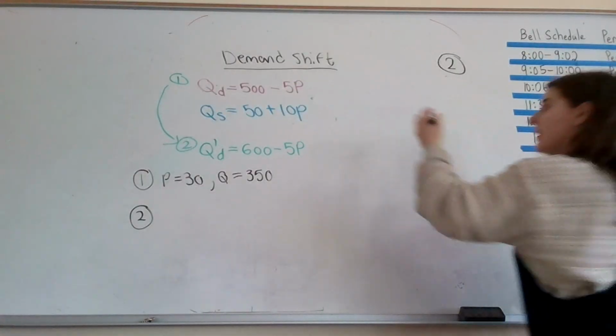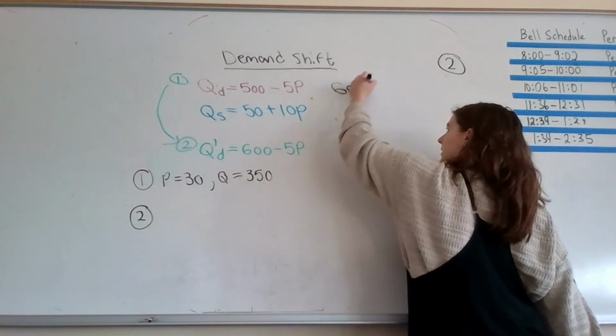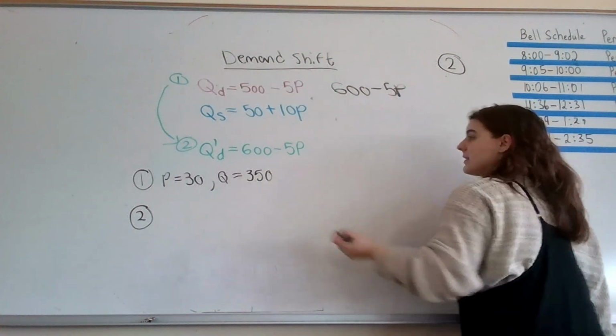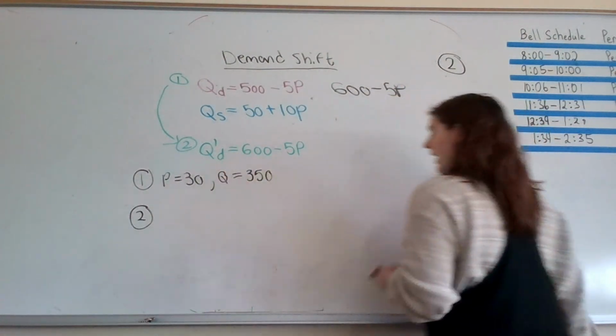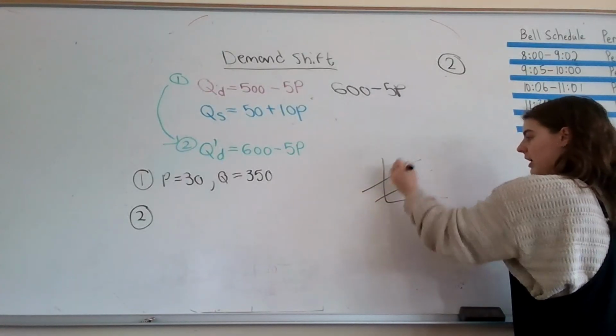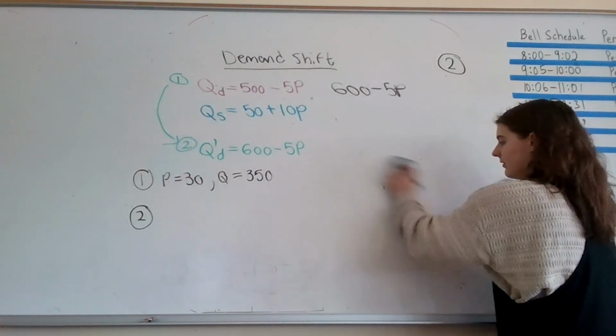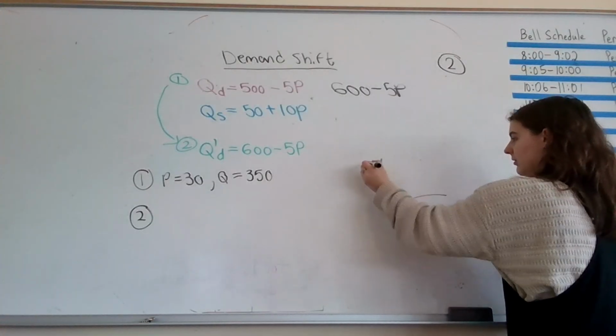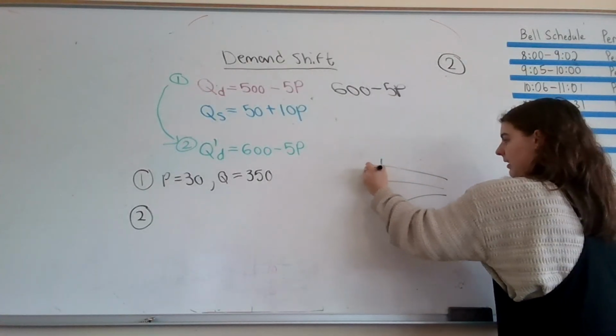All right, our new demand is this 600 minus 5p. This is telling us that at our axes, we went from this to this where we crossed. So all we had was that shift up of our demand. And remember, demand's downward sloping, so it looks like this. It shifted upwards.